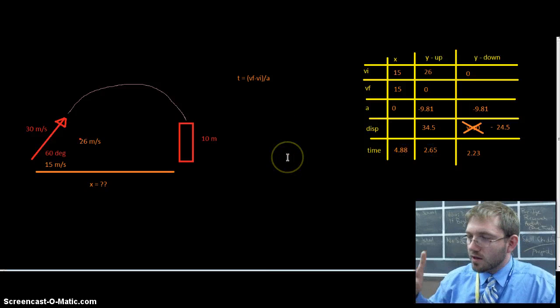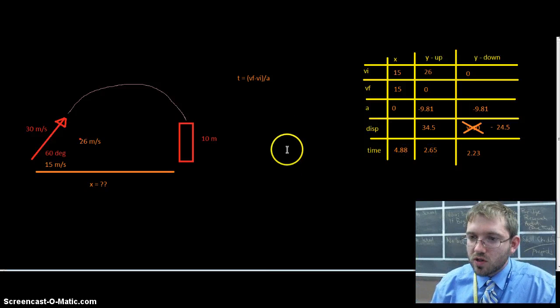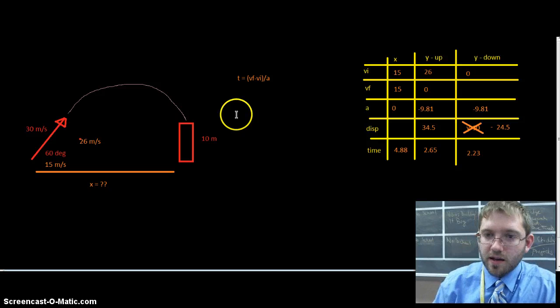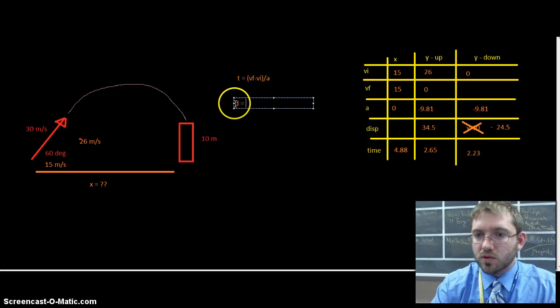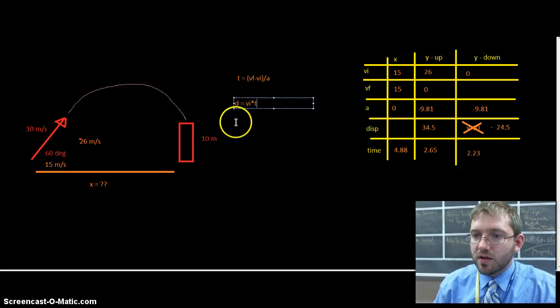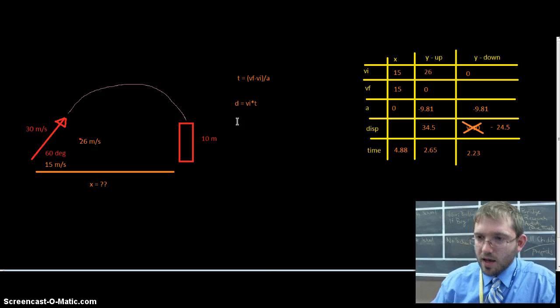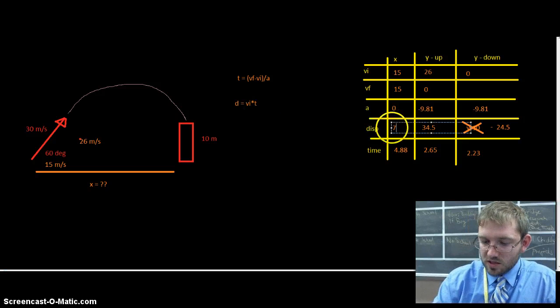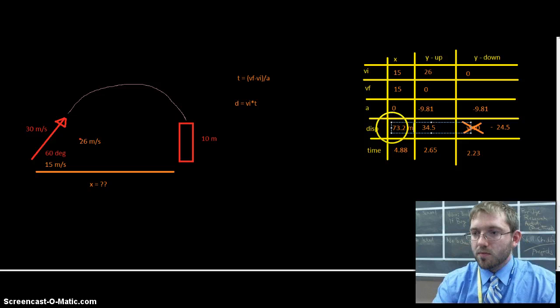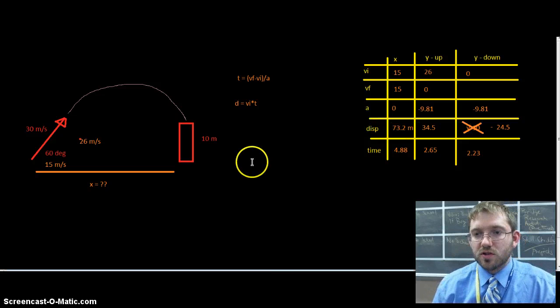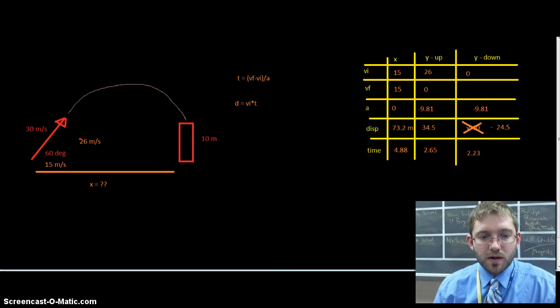Now plugging this back into the equation, D equals Vi times T, I'm going to take 15 times 4.88, and I get 73.2 meters as the final answer. So I know we rushed through this a little bit, but that's how you solve those three problems.